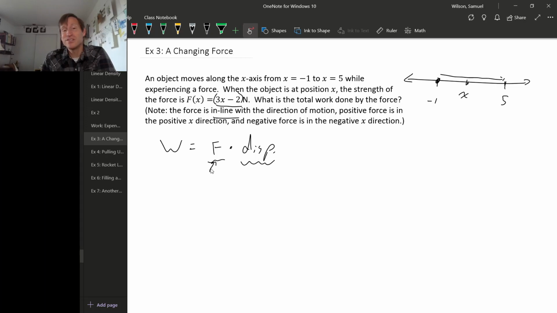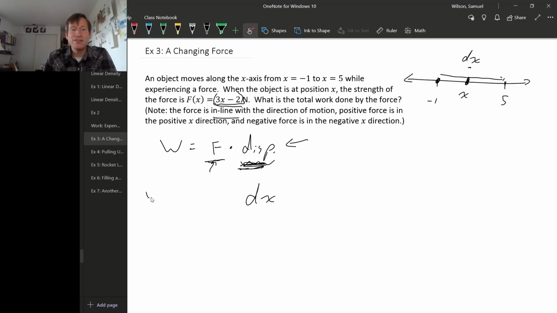Because if the force doesn't change, then we can use this equation. This function is always changing, so to keep it from changing, we need an infinitely small displacement. So our displacement is going to be dx.